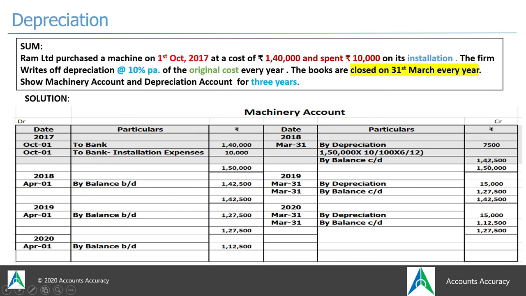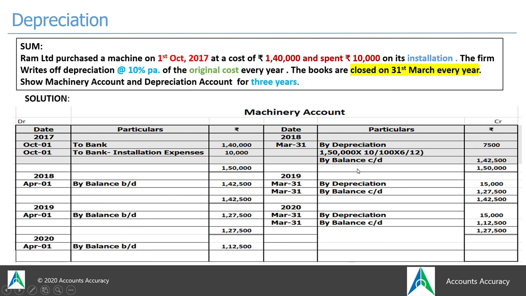Otherwise if it had been used for the whole year, we would have deducted 15,000 only. But as the date of purchase was 1st October, the machine was used only for 6 months. Hence, its depreciation would only be provided for 6 months. Now, for the rest of the 2 years, it was used for the full year. So, depreciation was provided 15,000 per year, and on the original value of the machine.